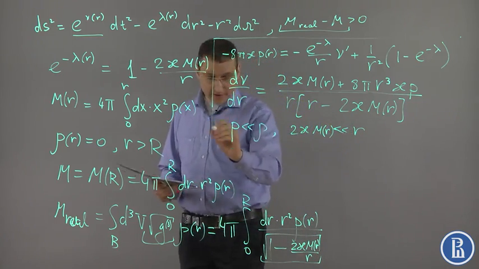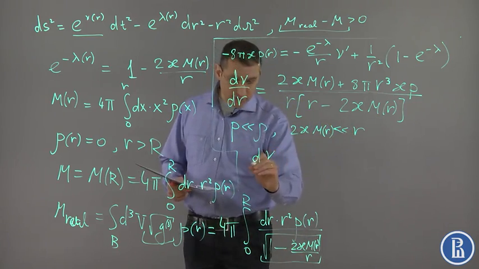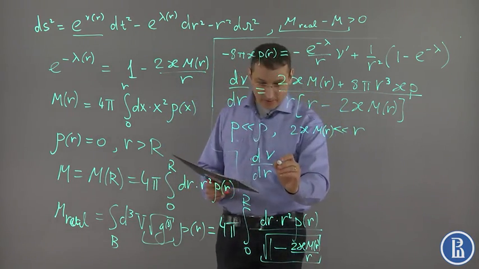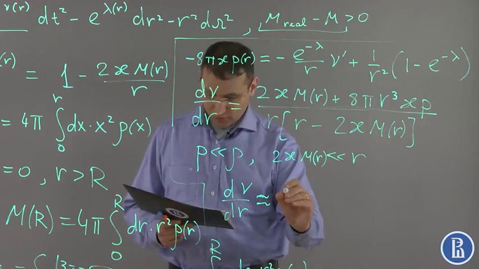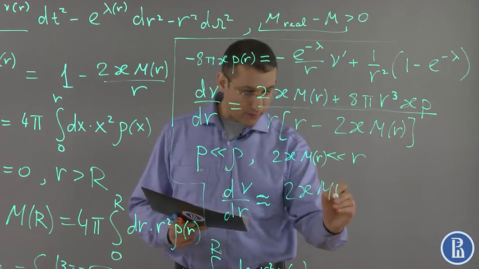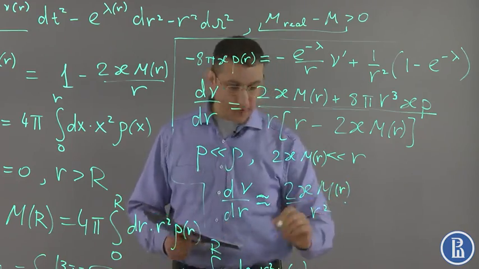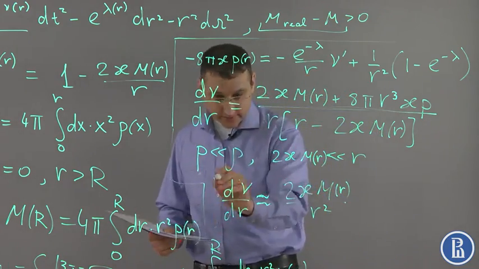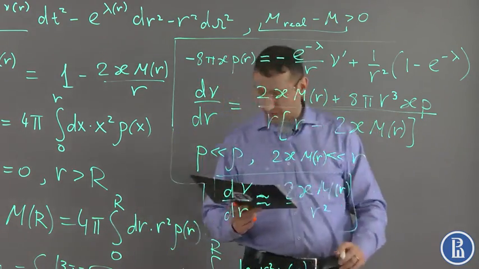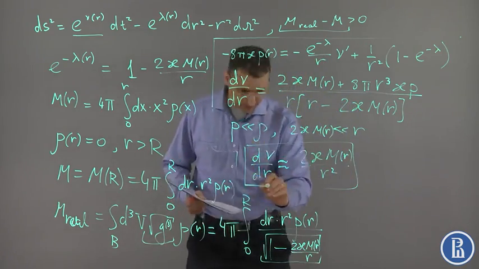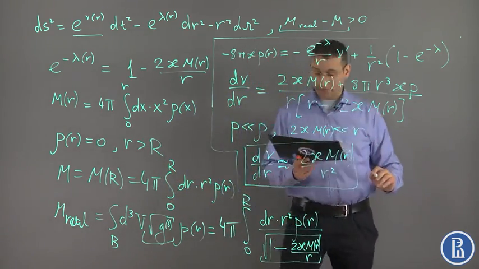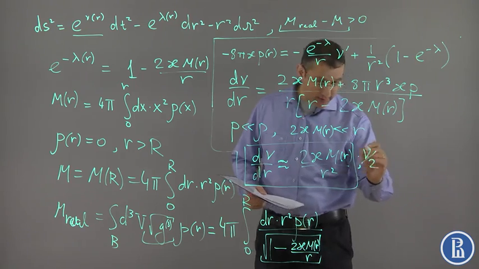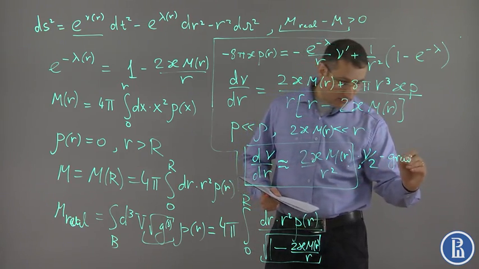As a result, the equation that we obtain is d nu over dr is nothing but 2 kappa m of r divided by r squared. And this is nothing but the non-relativistic Poisson equation, the spherically symmetric version of the Poisson equation, surely, for the gravitational potential. So nu over 2 is nothing but the gravitational potential.